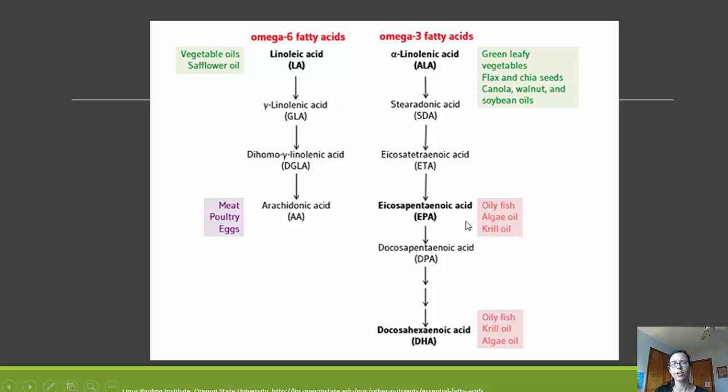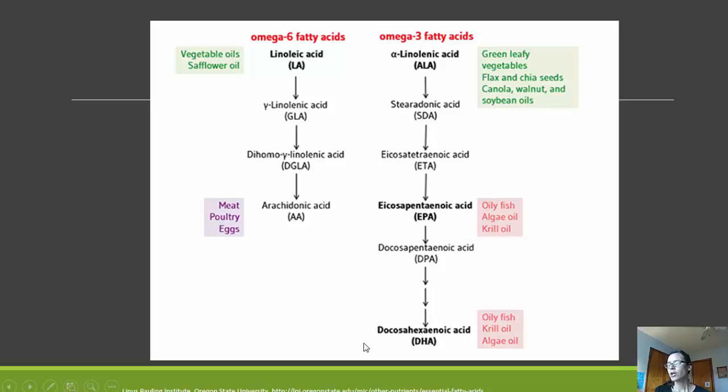Eventually, this is converted to EPA. So remember that this, I believe, is the 18 carbon. The EPA has 20 carbons, and we can get EPA directly from our diet in the form of certain seafoods. And then this is ultimately converted to DHA, which has 22 carbons. So we have more elongation happening throughout this process, and our ultimate product is the DHA.